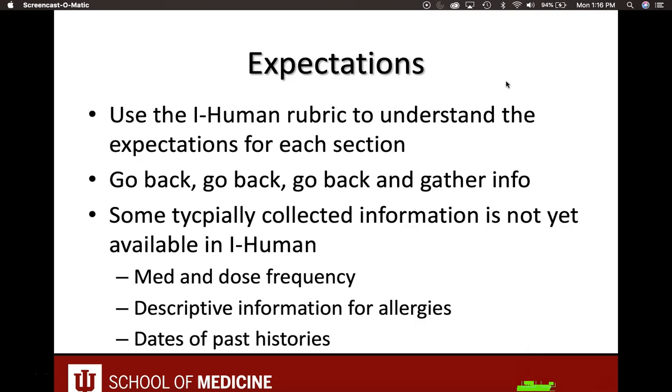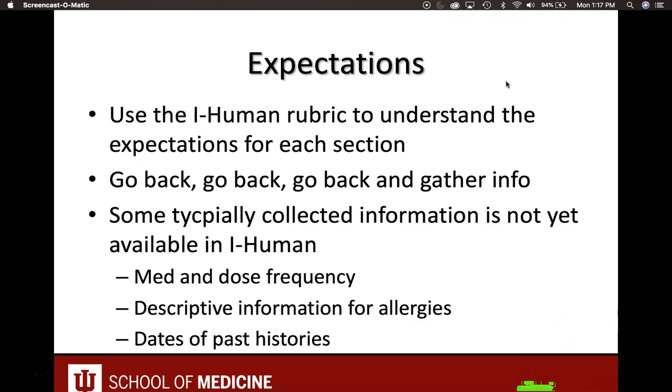A key expectation is that you collect your history, your past histories, your review of systems, your exam, and as you turn up new information in those sections or in the lab sections, that you go back and ask additional questions to get at pertinent positives and negatives and further evaluate the patient for the differential diagnoses that you're considering in your mind.